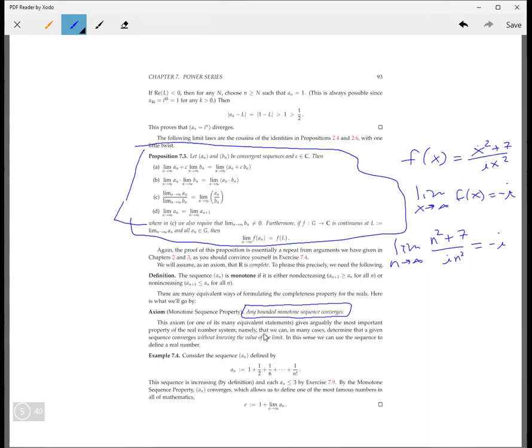Okay, monotone means it's either increasing or decreasing, or non-increasing or non-decreasing. So if you're monotone increasing, that means the terms are always getting larger. And if that's the case, and then if you're bounded, then you're going to have to converge to something. Likewise, if you're monotone decreasing.